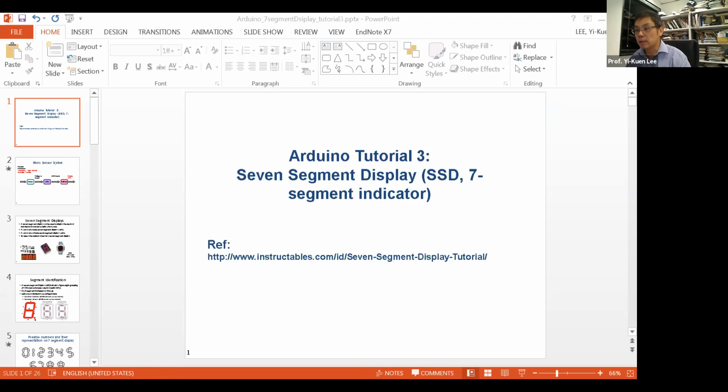Today I will try to give you some tutorial about Arduino first, because I know that all of you are working on your project, and unfortunately we do have a disruption to our face-to-face lecture. If you have some problem with your project, you can send me a message, or you can put some question on our Canvas website.